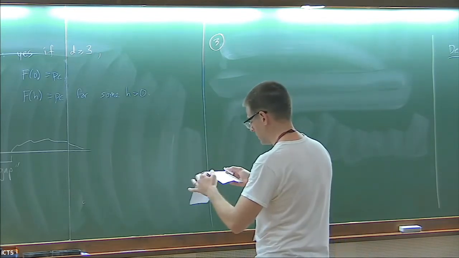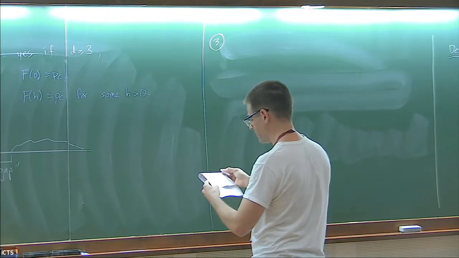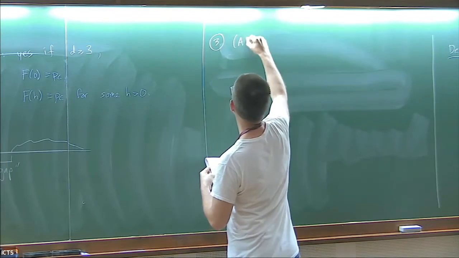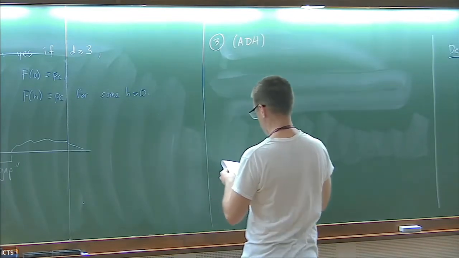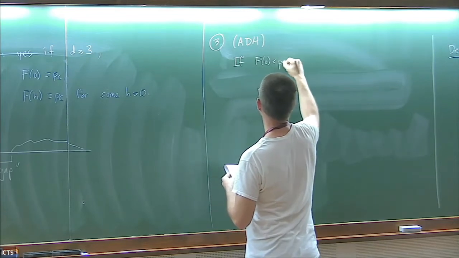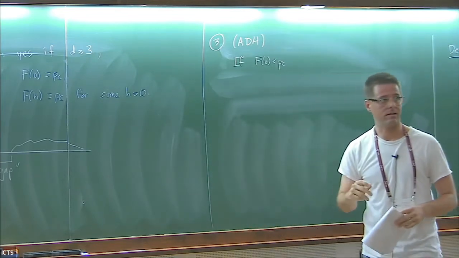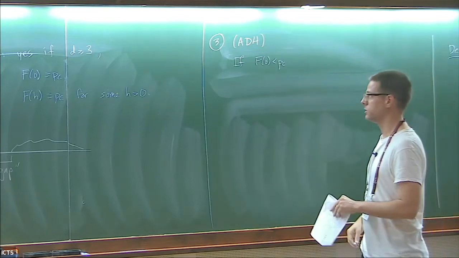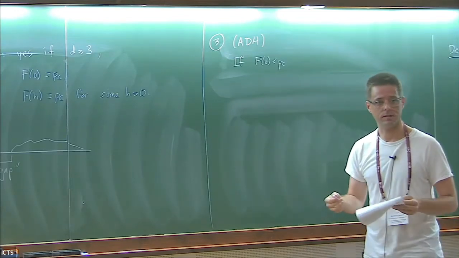I'll state a result that I proved with Tuka, Elfinger, and Jack. So if F0 is less than PC, the reason why I state this result is I think it has the minimal assumptions for a result on upper bound on the length of geodesics.